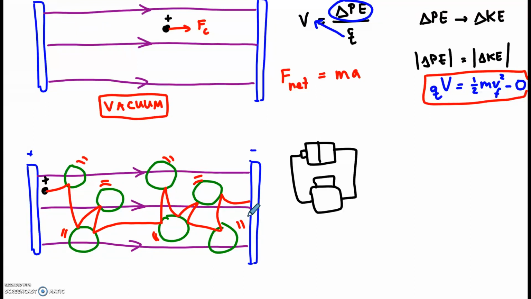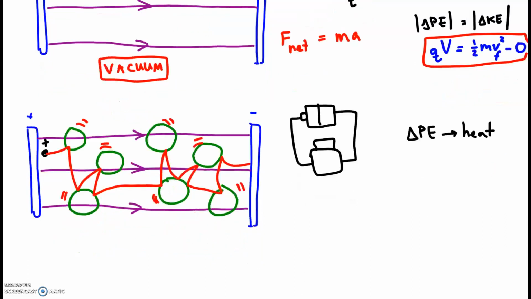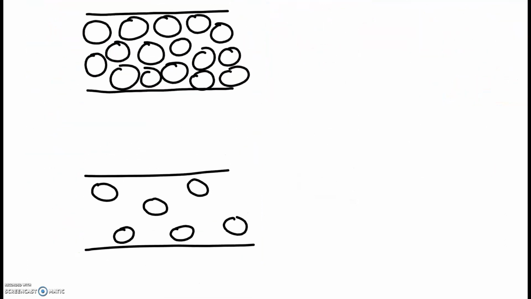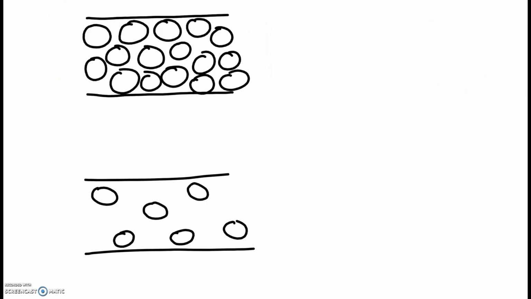That random molecular movement is temperature. So in this scenario, we convert the potential energy into heat, which is transferred to the toaster. When we do this, there are a couple of ways it might look.